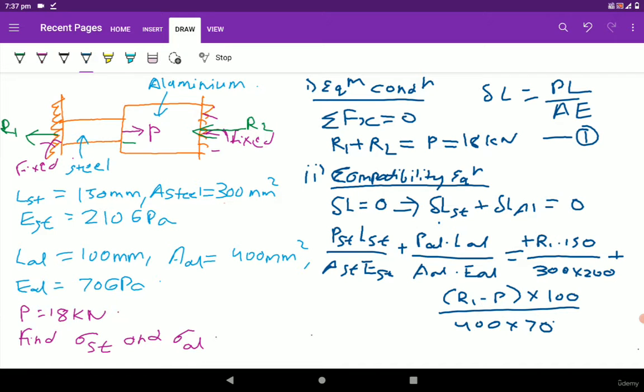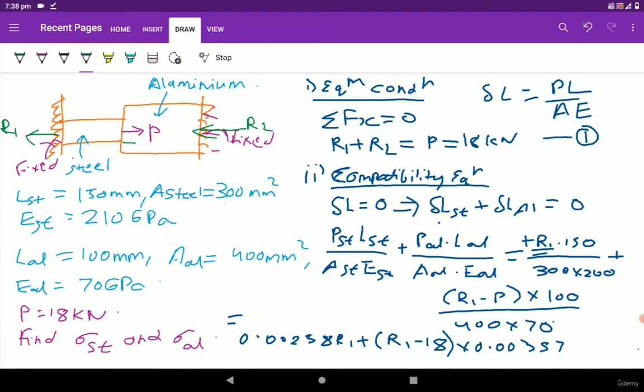After further simplifying, we are going to get 0.00238 R1 plus R1 minus 18 multiplied by 0.00357.